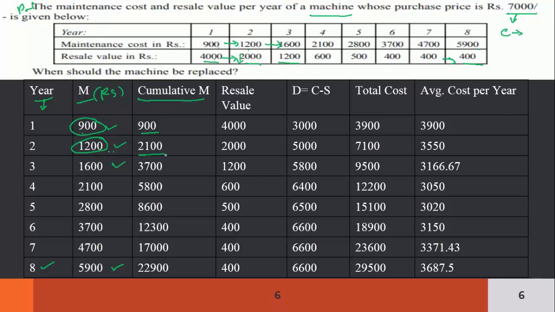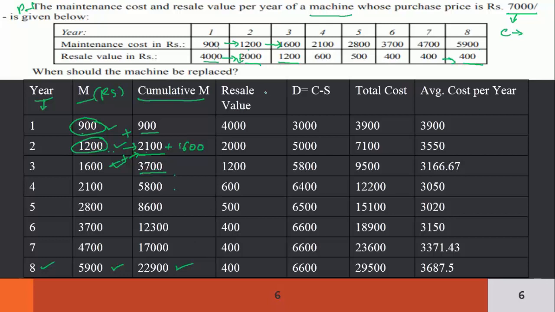So we calculate it as the cumulative maintenance: 1200 plus 900 becomes 2100. For the third year, 2100 plus 1600 is 3700. That is, the 2100 plus the third year maintenance cost of 1600. Both are added up, and we get the third year cumulative maintenance. For the fourth year up to the 8th year, we calculate similarly.